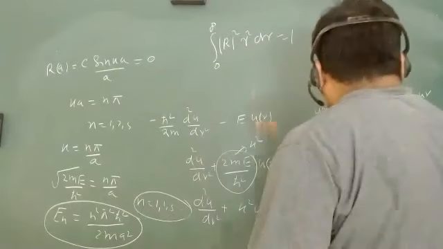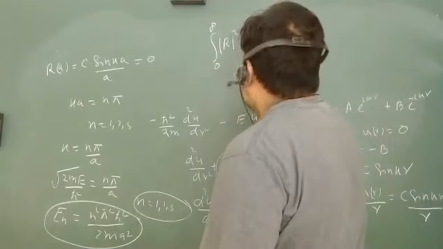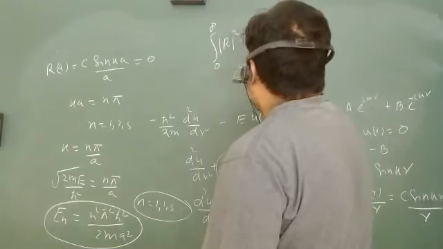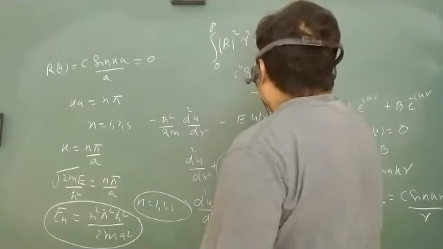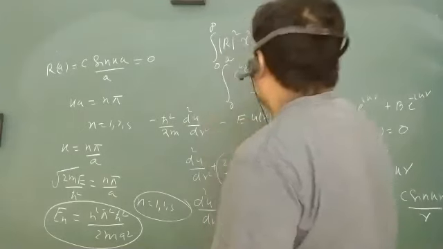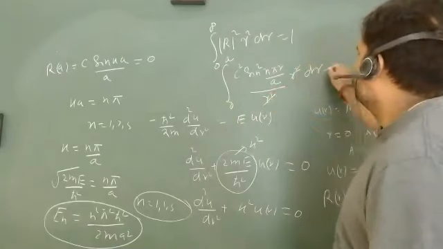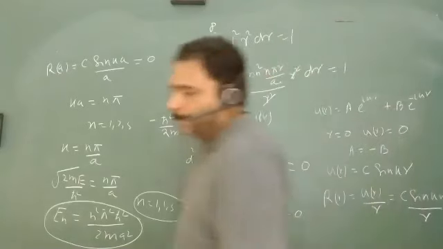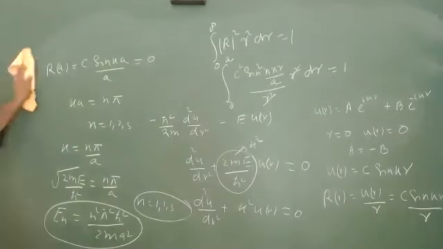Just put in this particular value: C² sin²(nπr upon a), and here is r² dr. You will just go from 0 to a, because otherwise it is 0. So this r² is gone. Can you get the value of C? What will be the answer? Please give me, because we have done this type of problem.